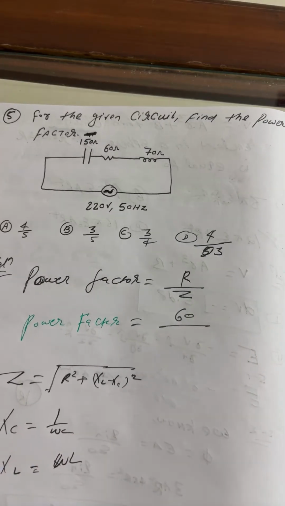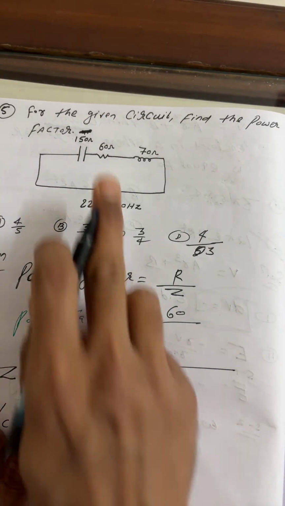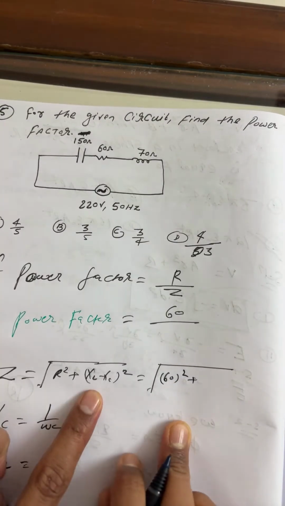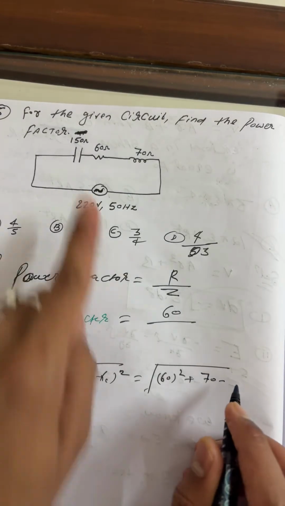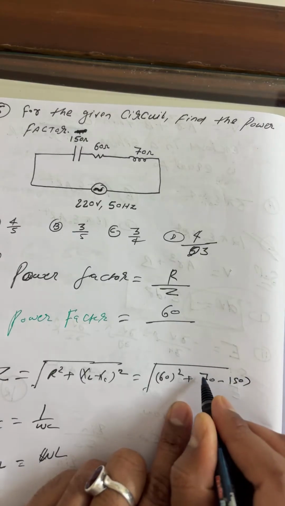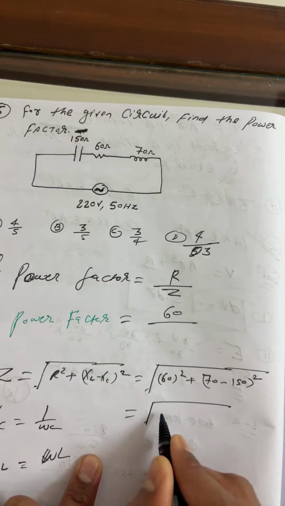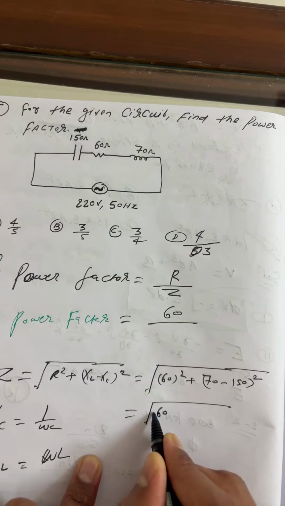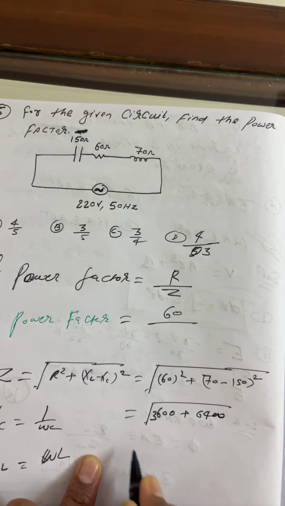So here I'll use the values directly. R square is 60 whole square. XL is 70, and XC is 150, so the difference is 80. So 60 whole square means 3600 plus 80 square, 6400.